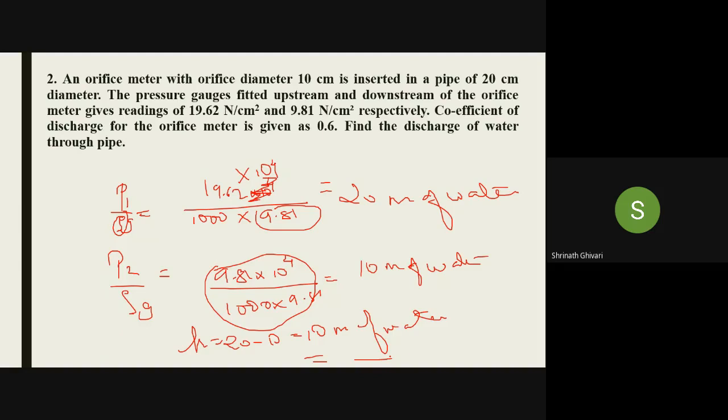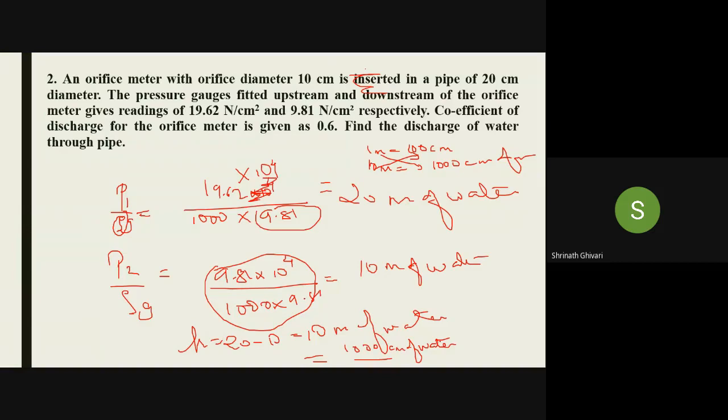You know the conversion, or no? See here, listen. 1 meter equal to 100 centimeter. Do you agree with this? Okay. Next is 10 meter of water, 10 into 100, so it will be 1000 centimeter of water. So you got the value of H now.